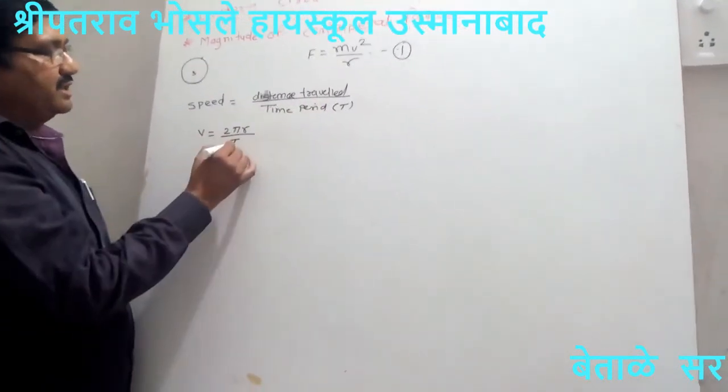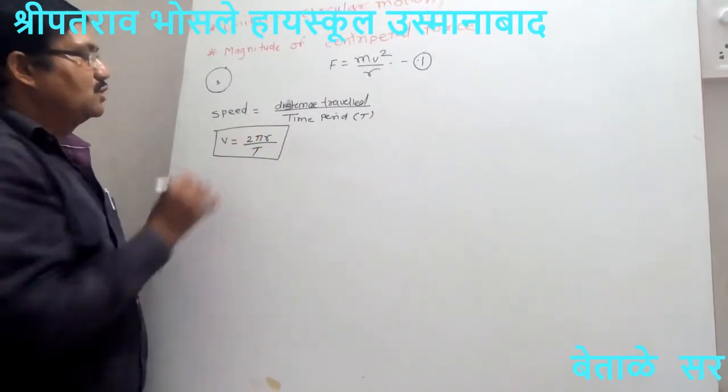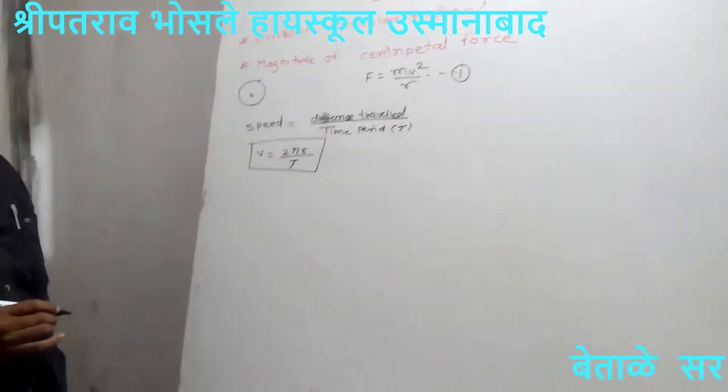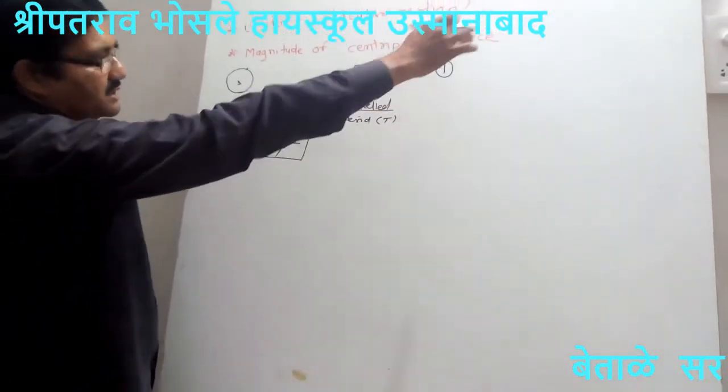This time period is T, and therefore we get the equation v is equal to 2 pi r upon T, and put this value of v in the above equation 1.